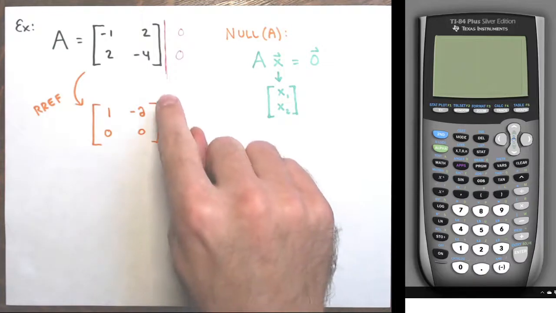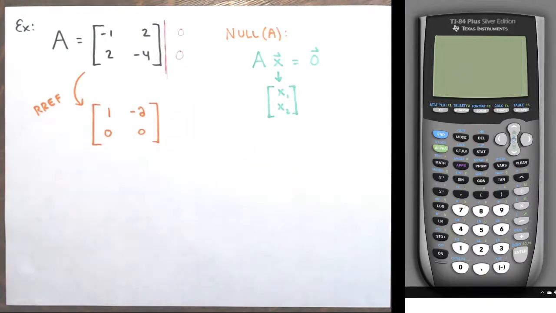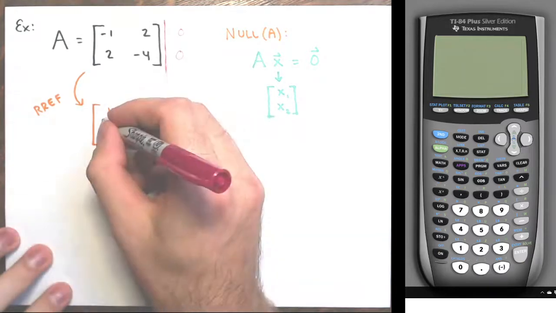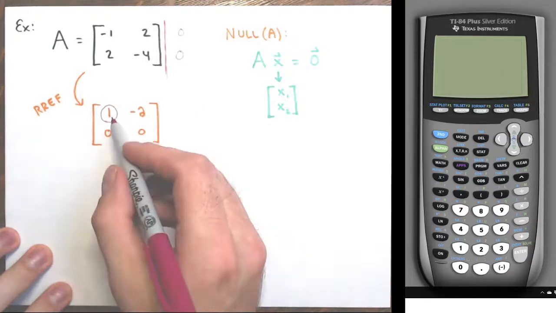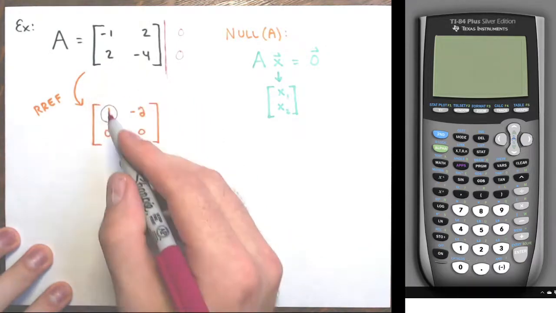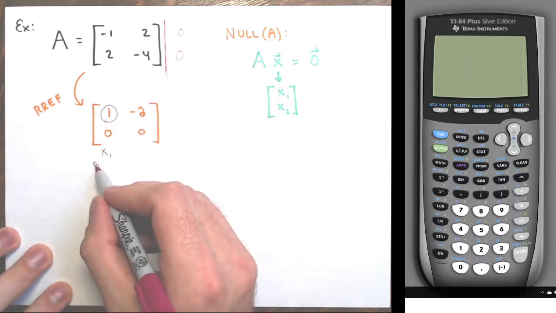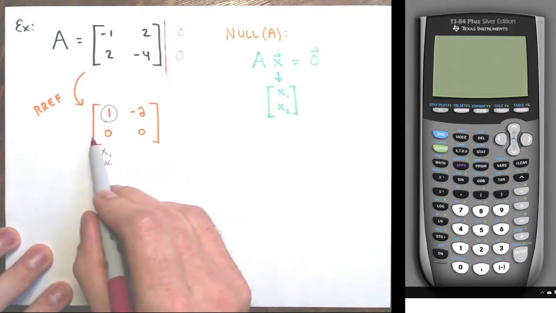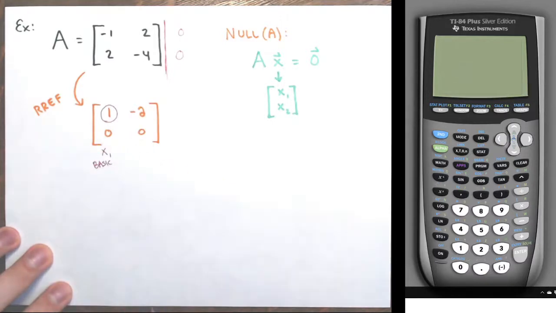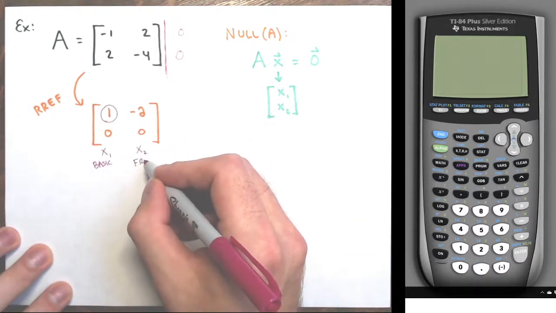And again, just imagine there's the equals 0 over there. Now looking at this, there's a pivot position where this leading 1 is in the first row. This is in the column corresponding to coefficients of variable x1, so variable x1 is what they call a basic variable. And the second column doesn't have one of these leading ones, doesn't have a pivot position in it, so x2 is going to be a free variable.